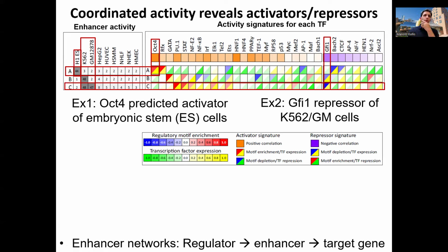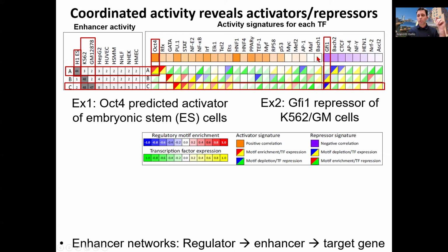What could be going on? What could be going on is that whenever this factor is expressed, it shuts off these regions. The reason why these regions don't have the motif is because if the motif was there, these regions would be shut off. And therefore, the absence of the motif is basically what allows these regions to turn on.